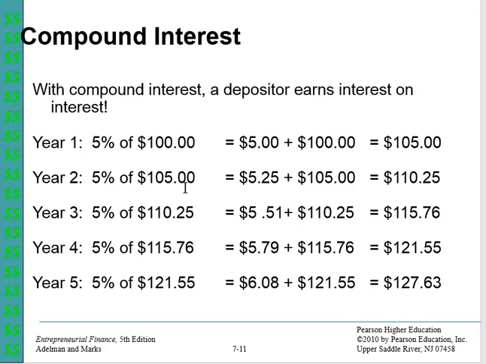Now it's 5% of 105. And then 5% of 110.25. Then 5% of 115.76. So in this case, with compound interest, you end up with another $2.63. What this means is that interest is earning interest. That's what's defined as compound interest.